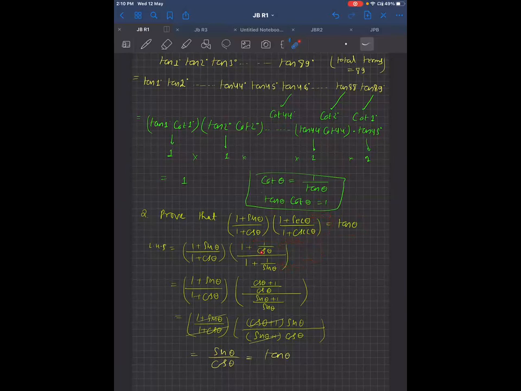I'm taking LCM cos theta in the numerator and sin theta in the denominator. Now cos theta multiplies in the denominator and sin theta in the numerator. Sin theta plus 1 and 1 plus sin theta cancel, 1 plus cos theta and 1 plus cos theta cancel. Sin theta will be in the numerator, cos theta in the denominator. Sin theta by cos theta is what you get, and this is always tan theta. A simple question only.